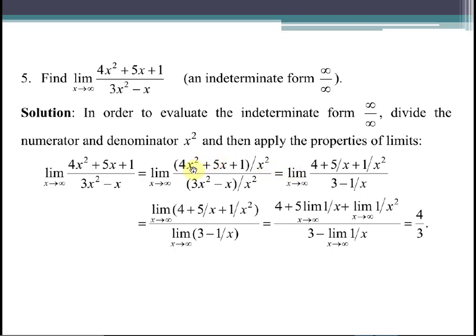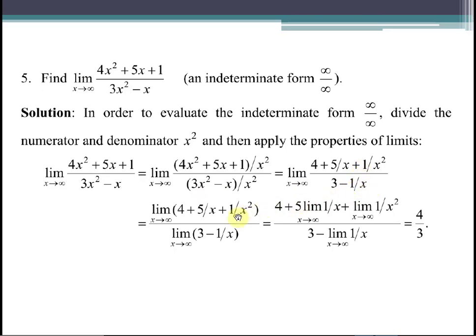So for each term we need to divide by x squared. In the numerator they are cancelled, and the first term is 4, the second one is 5 over x, and the last one is 1 over x squared. And the denominator is 3 minus 1 over x.